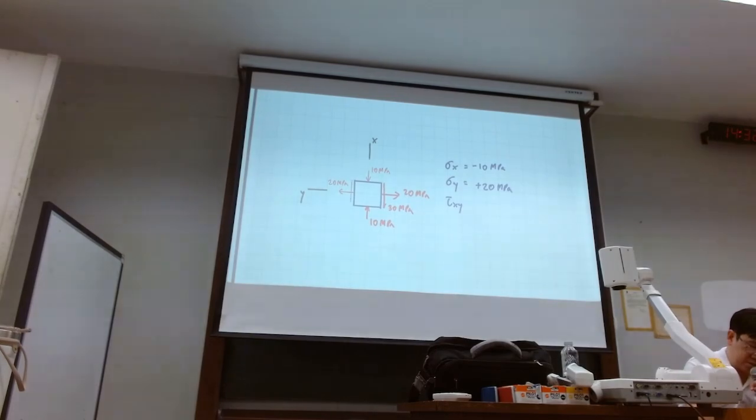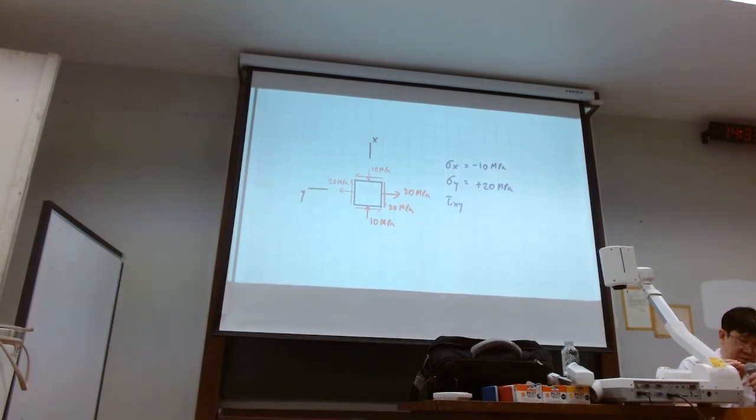So 30 MPa going down on the right. This one will have to be going up. It causes the rotation clockwise, so you have to have a balance to go counterclockwise. The shear stress would be head to head, tail to tail, always. So it means that right here, this is also 30 MPa.